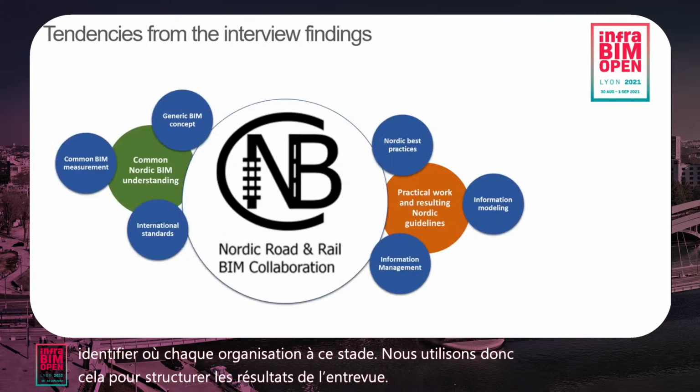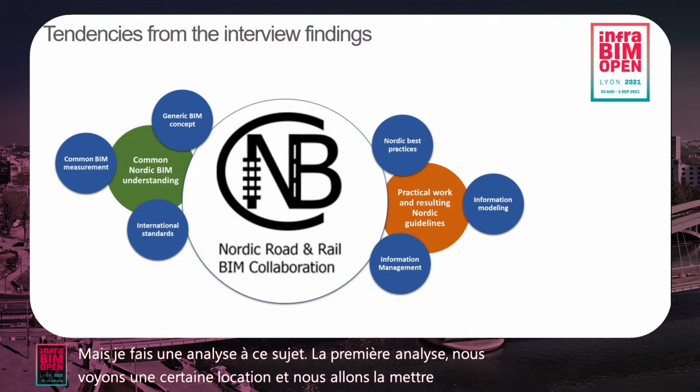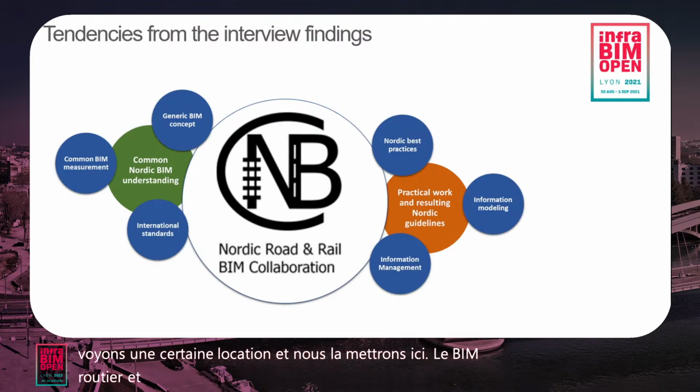But doing some analysis on this, the first analysis, we see some tendency, and we have put in here the Nordic Road and Rail BIM collaboration, and there are two different places where we can collaborate.